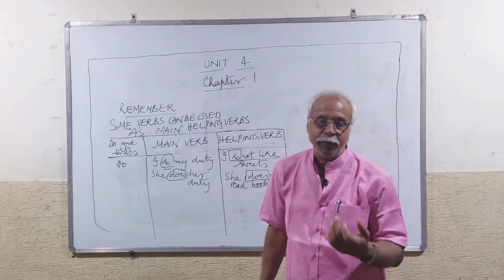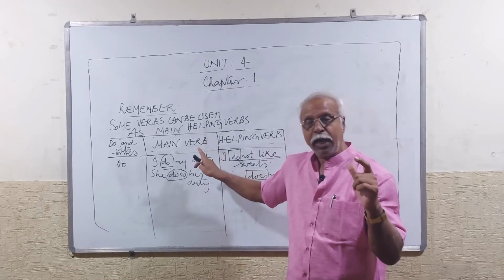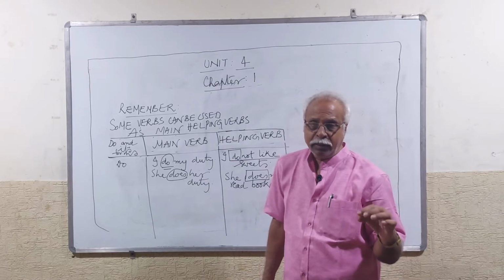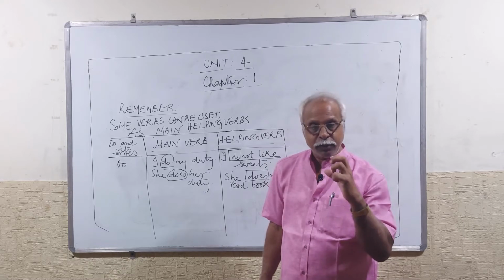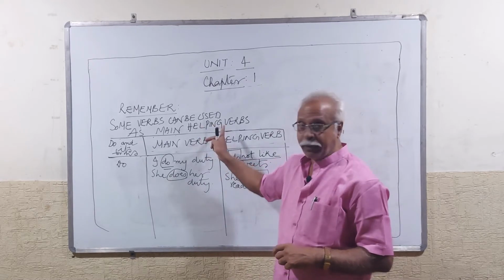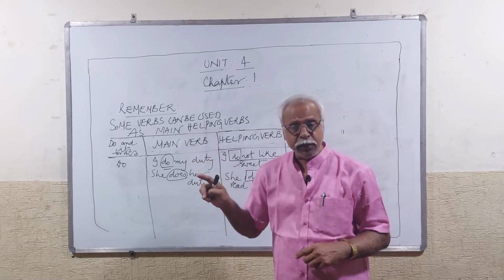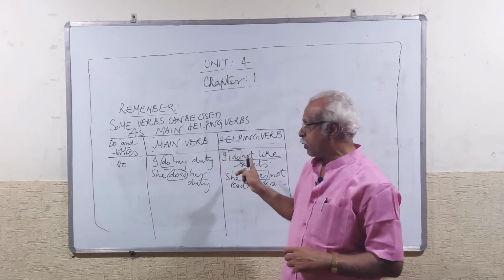Auxiliary means to help. The grammatical name is auxiliary verb, but the more routine and familiar name is naturally helping verb. But do can be used as a principal verb, that is main verb, as a helping verb also.